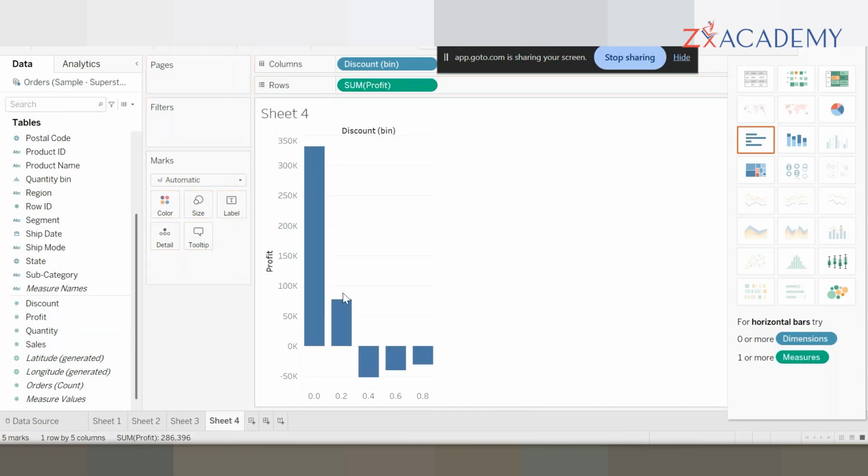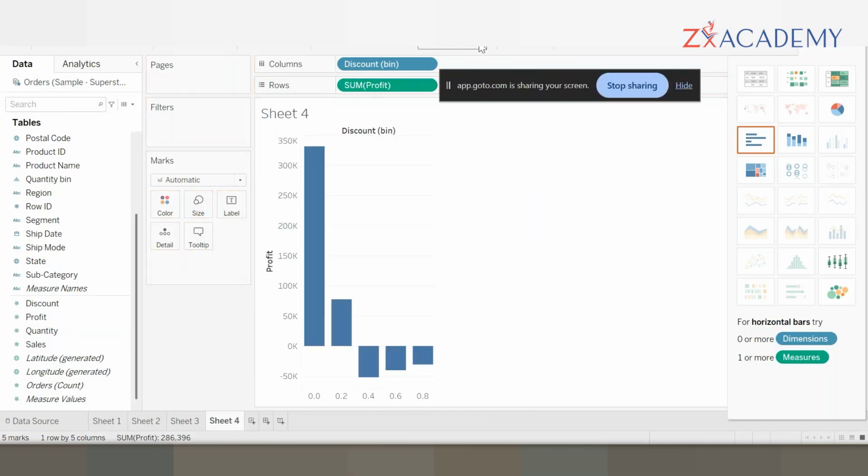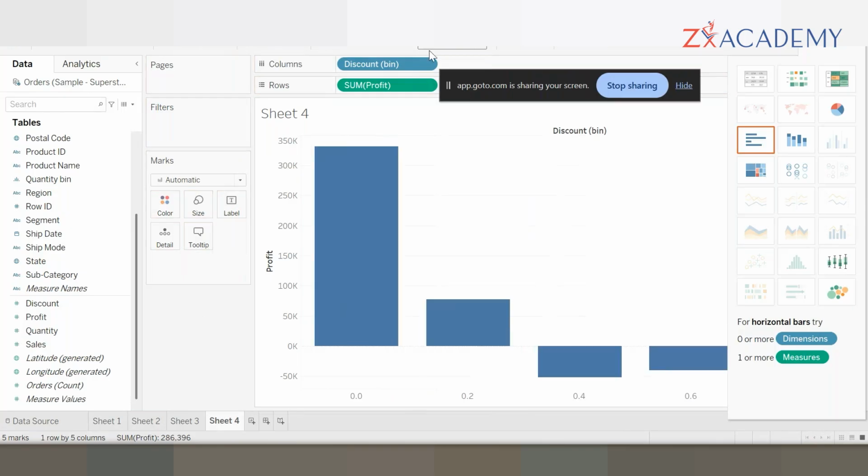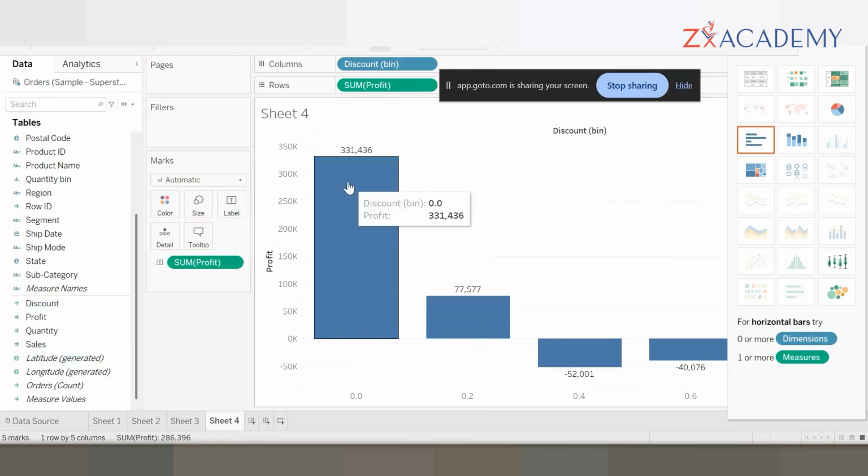What we are able to understand from this is that when we have given less than 20% discount, 0 to less than 20% discount, my profit is 3,31,000. That means when I have sold the product with no discount or less than 20% discount, my overall profit is 3,31,000.